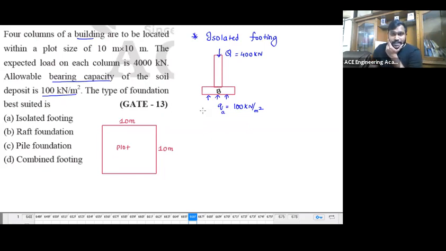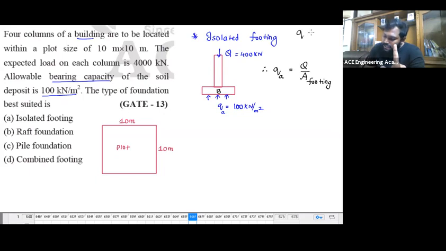Now you know that for one column, QA is nothing but the load by the area of footing. See the design condition, you know it very well.